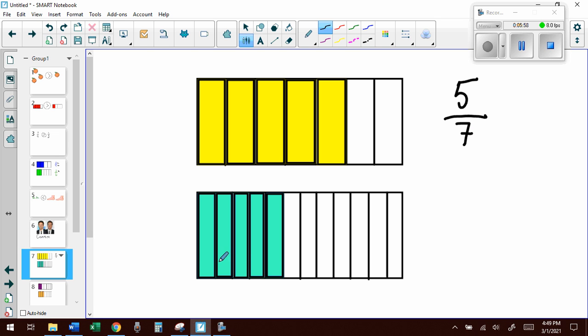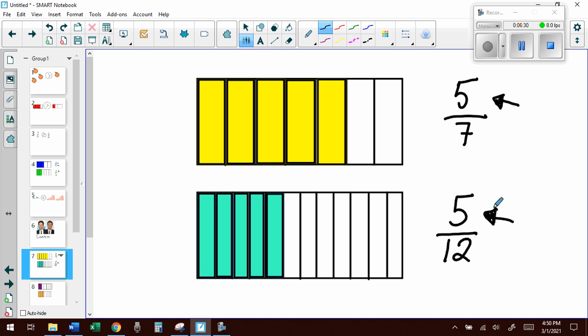And down here we have 1, 2, 3, 4, 5, out of 1, 2, 3, 4, 5, 6, 7, 8, 9, 10, 11, 12. 5 twelfths. So if we look here, what do we have in common? Our numerators are in common. They both have a 5 in the numerator. That's excellent.